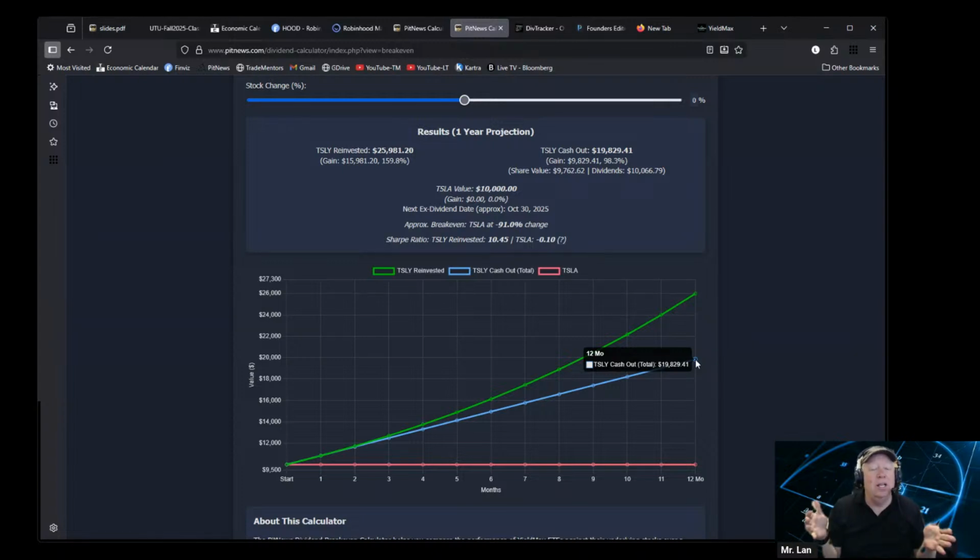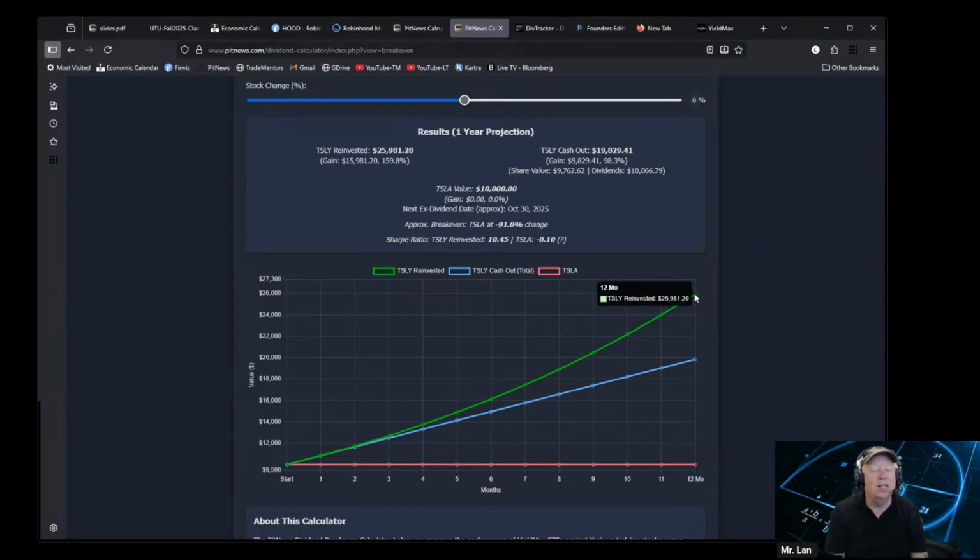Well, your TSLY still made $9,829. And if you would have done the drip or reinvested every single thing, every time you got a dividend, you put it back into TSLY, it would have been the green line up here. You'd have made $25,981 on your $10,000 investment in 1 year if you'd have continually reinvested.